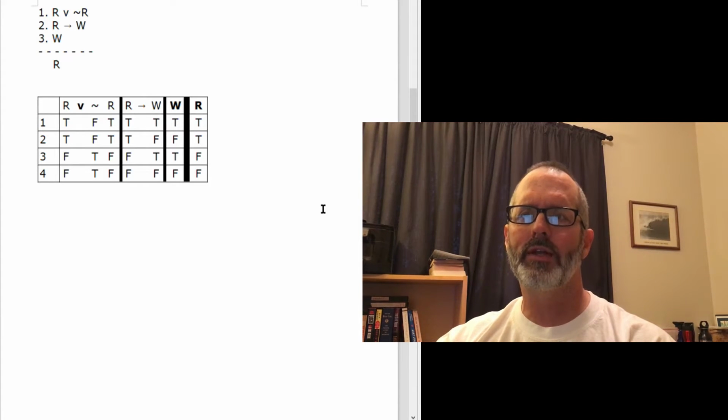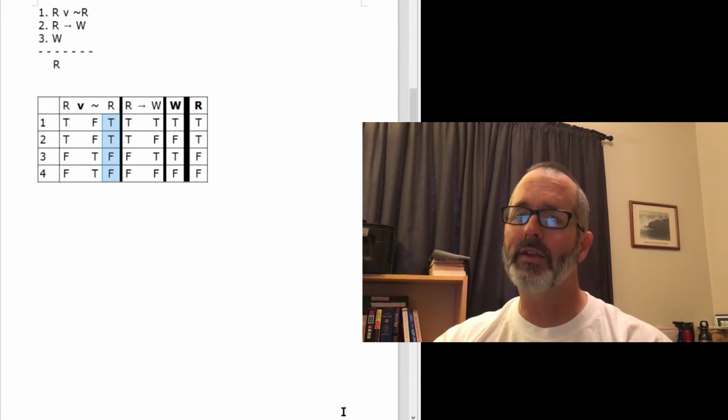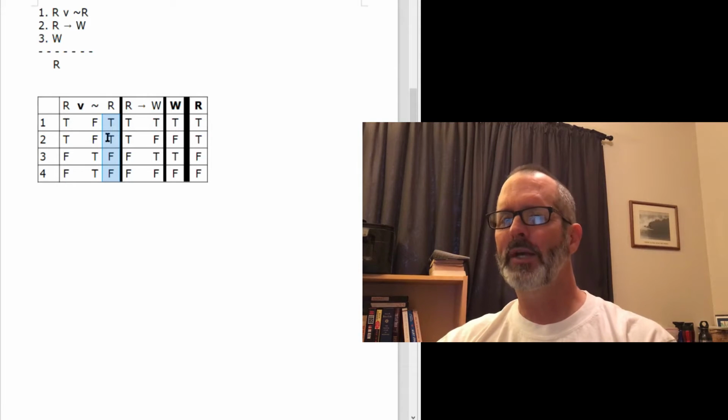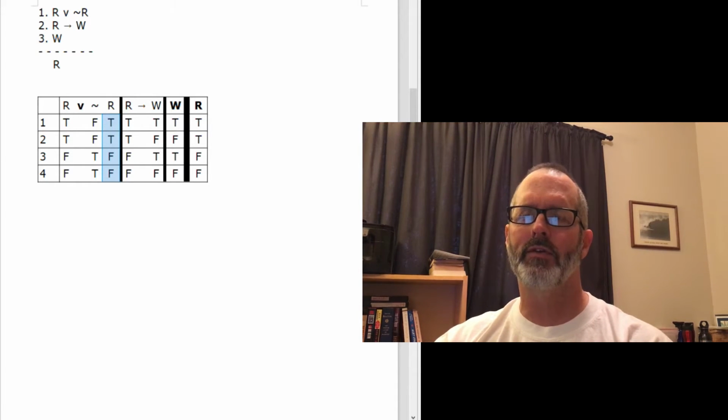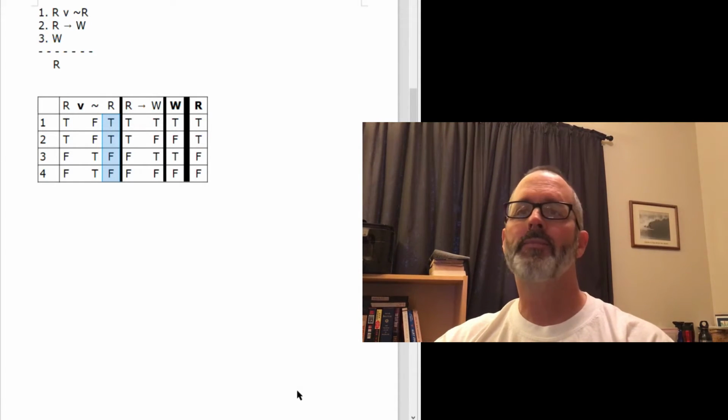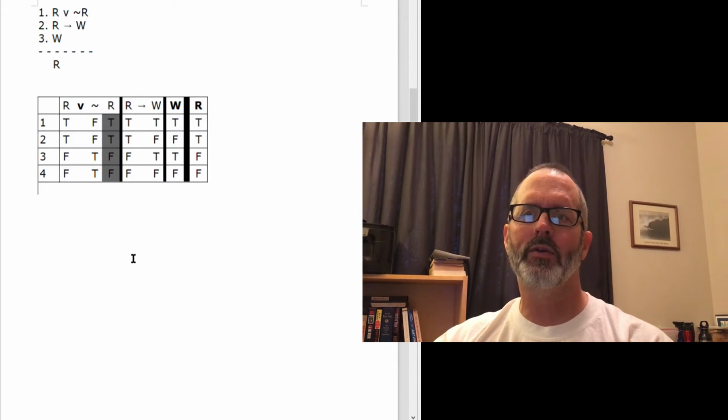So notice, these values under the negation have replaced the values under R, so I don't need these anymore. So I'll just darken them in so we can barely see them. They're still there. So when you cross out, make sure you can still see what's under your cross out in case you need to check your work. But now it's clear that these are the only two values left in this first premise.